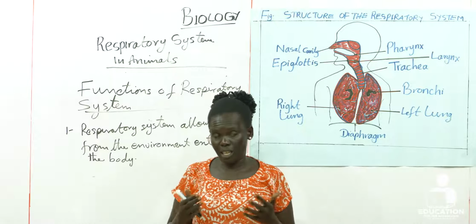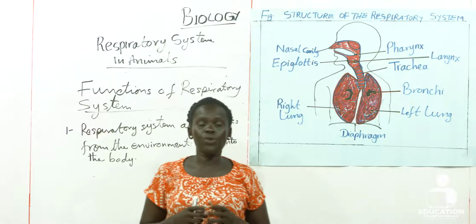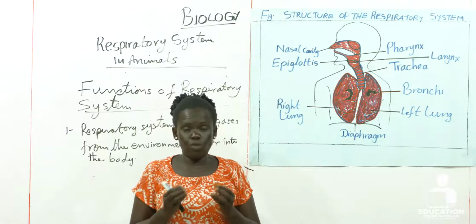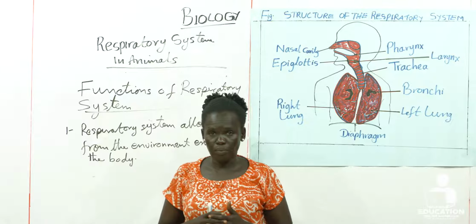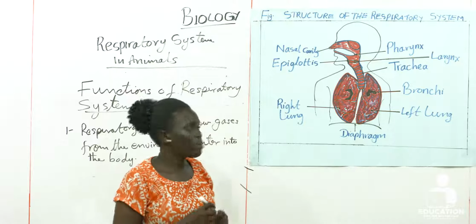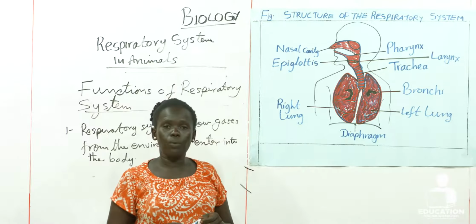In some cases you find yourself drawing in air through your mouth. That means you use your mouth to take in air into your body from the surroundings. This is function number 1.